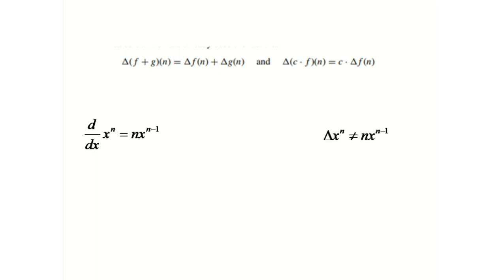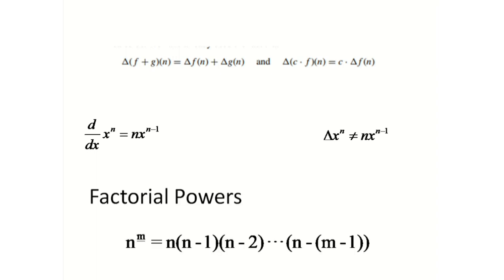So to define it, let's define another operation on numbers which we call factorial powers, which is defined as n to the factorial power m is just n times n minus 1 times n minus 2 till n minus m plus 1.